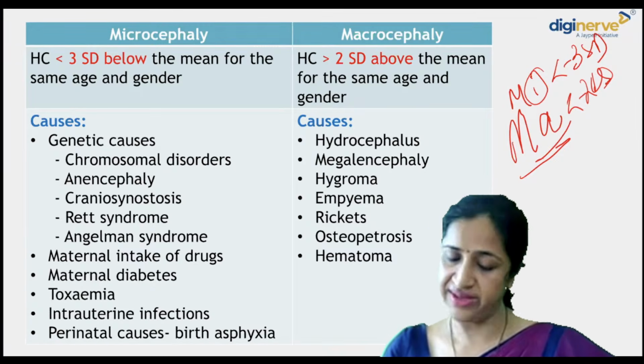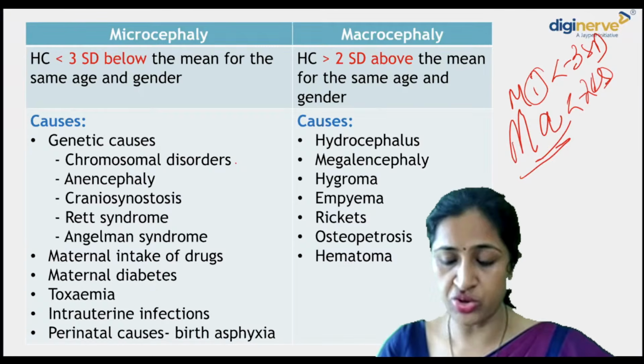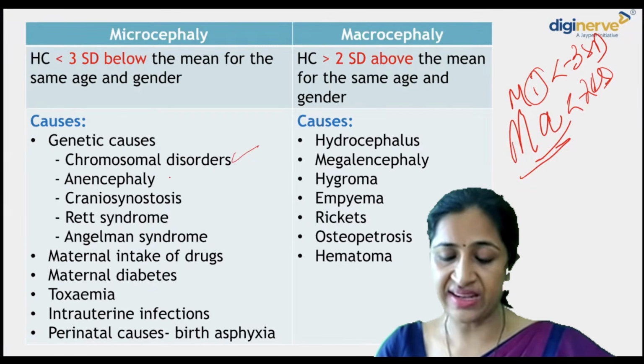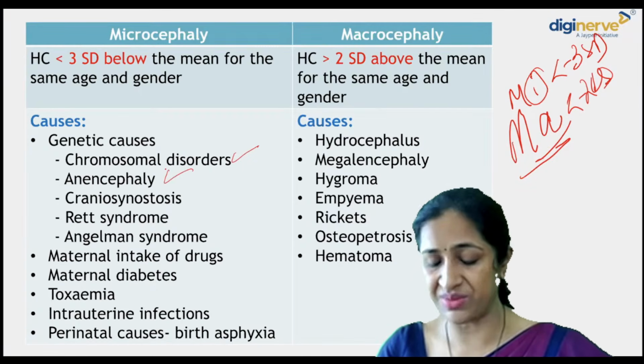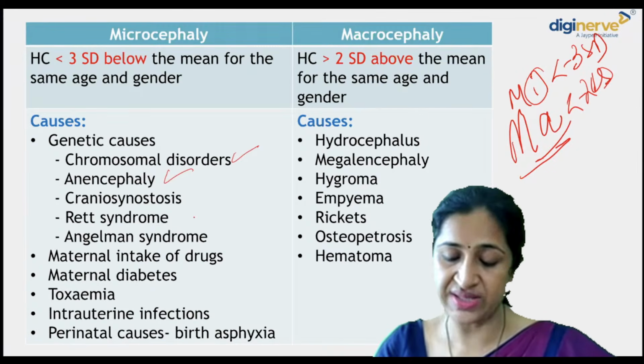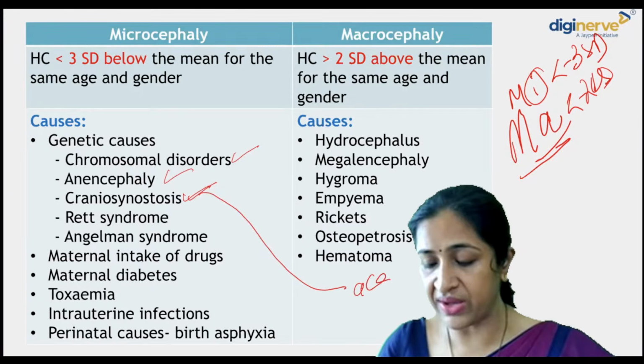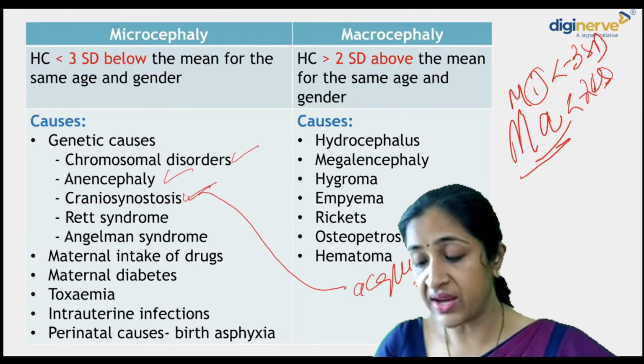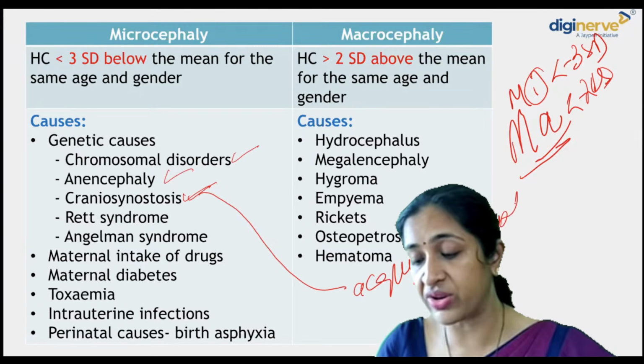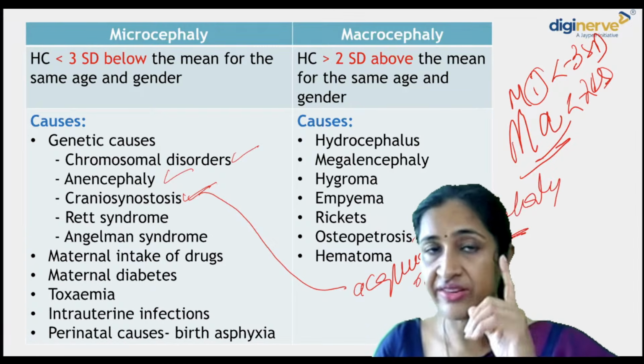Causes of microcephaly, very, very important. Chromosomal disorders. Anencephaly, I would not put as a major issue, but yeah, textbook wise it is there. Craniosynostosis, this is called acquired microcephaly. Another condition, where do you see acquired microcephaly? Rett syndrome.